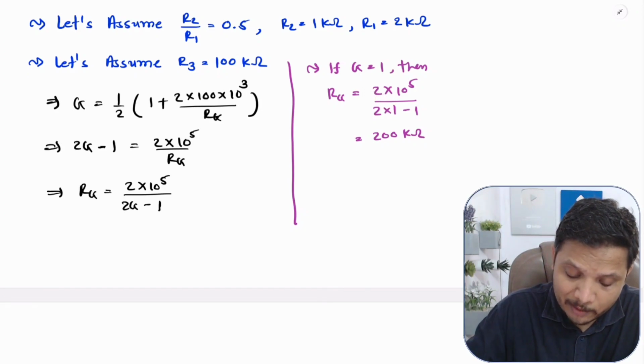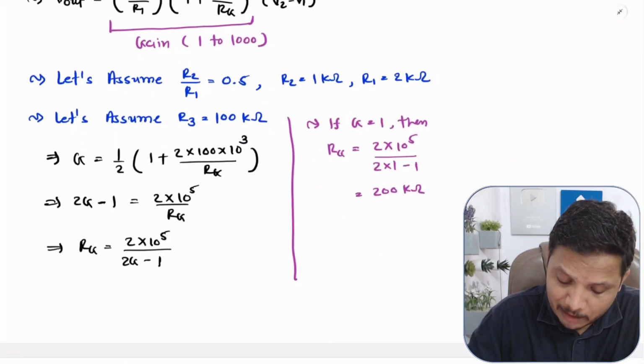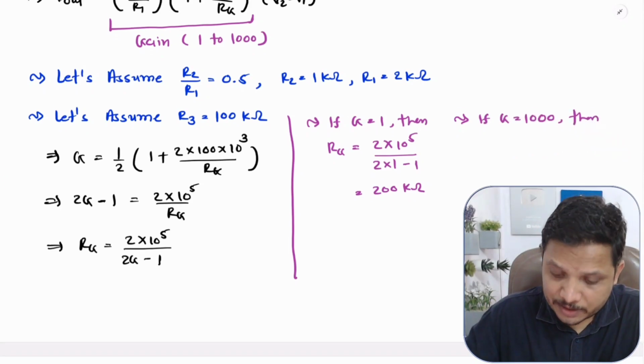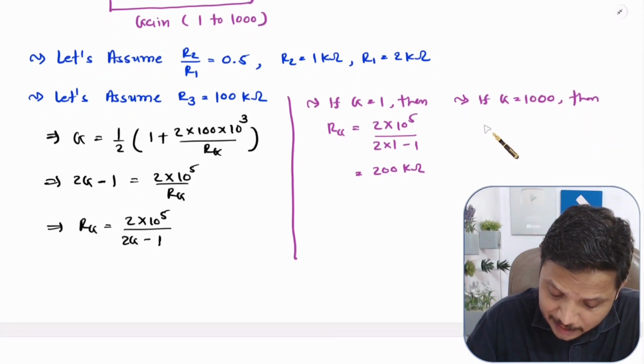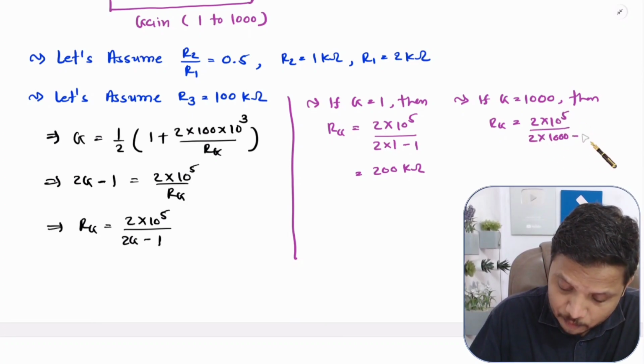Now we need to have gain up to 1000. So for that, we will be assuming value of G is equal to 1000. In that situation, what will be the value of Rg? Rg will be 2 into 10 to the power 5 divided by 2 into 1000 minus 1.